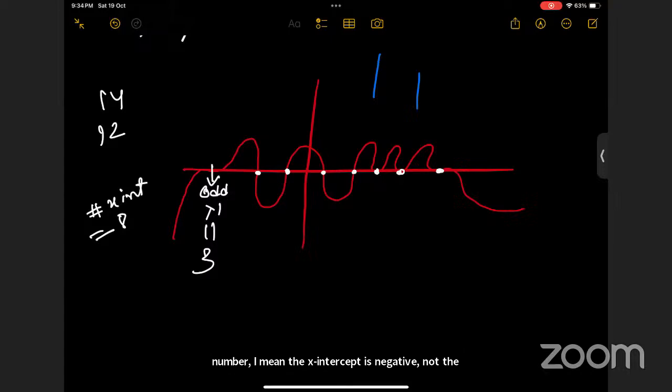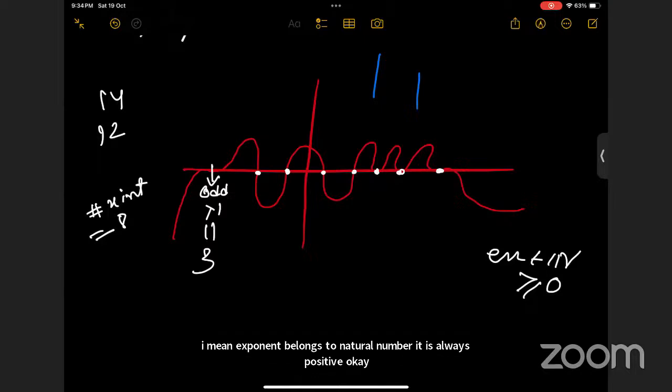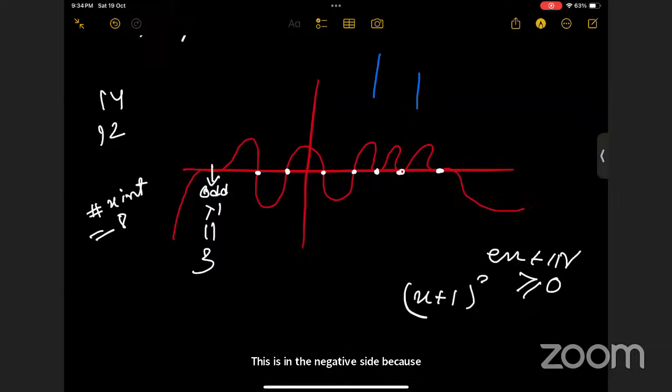The exponent belongs to natural numbers. It is always positive. This is on the negative side because suppose we have this factor to the power 3, and because this is negative, we have a -1 intercept. That is why it is on the negative side. But the exponent will always be positive.